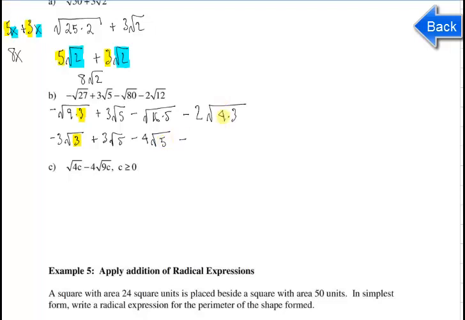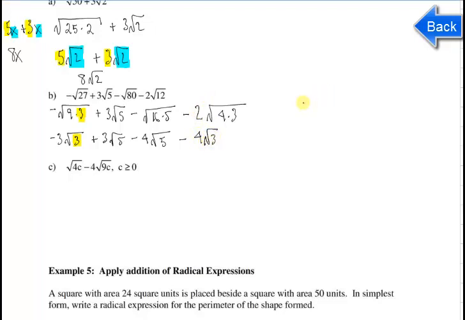And on the next one, this gets a little bit trickier. So I'm going to write it in as few steps as I can, so listen carefully. You're going to take the square root of 4, which is 2. It comes out, and you need to multiply it by the coefficient in front of the bracket, right? You need to go 2 times 2 is 4, and then square root of 3. So I'll do that over here.